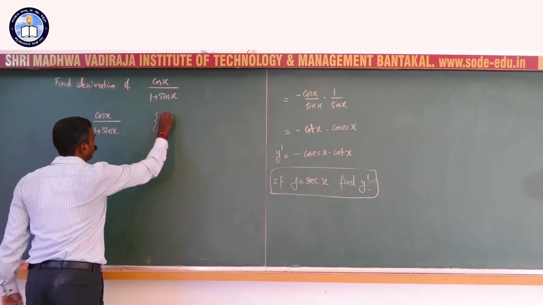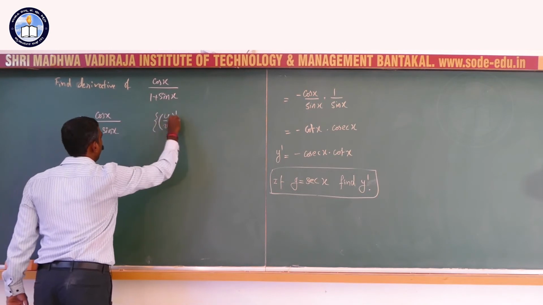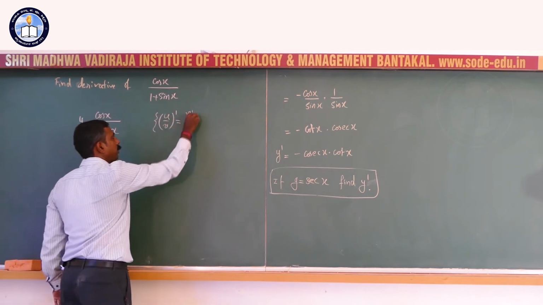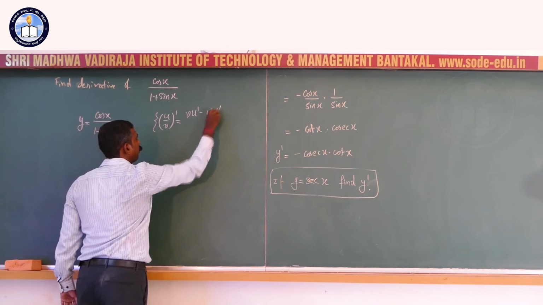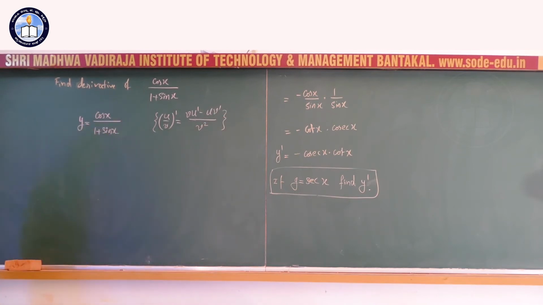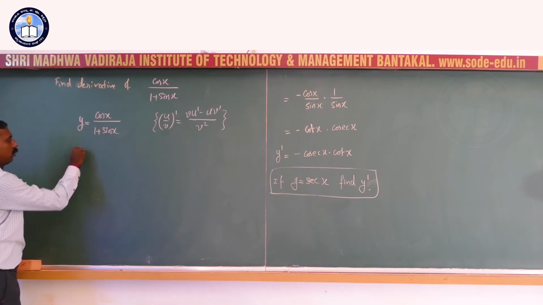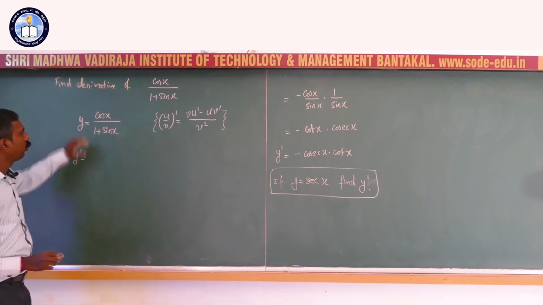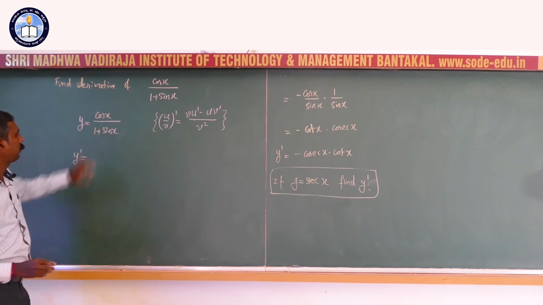Let us recall the quotient rule. (U by v) whole dash is equal to (v into u dash minus u into v dash) divided by v square. So, let us go for y dash. In the place of v, 1 plus sin x is there.